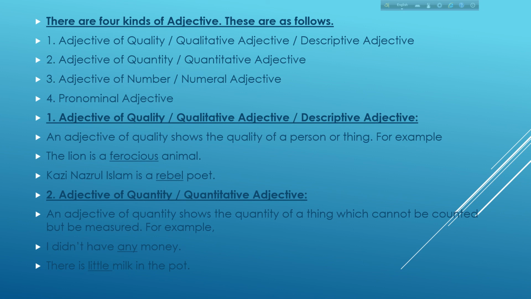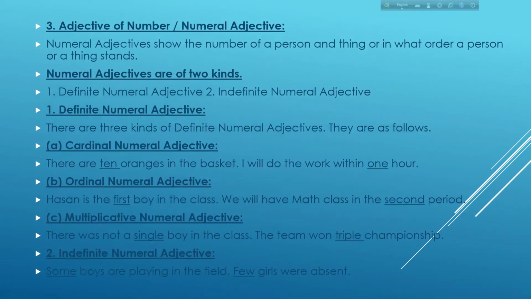Number 2, adjective of quantity. An adjective of quantity shows the quantity of a thing which cannot be counted but can be measured. For example, I didn't have any money. Any. There is little milk in the pot. Little. These are adjectives of quantity. Adjective of number or numeral adjective.